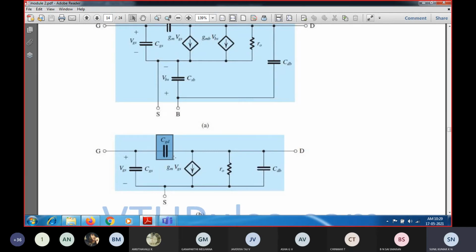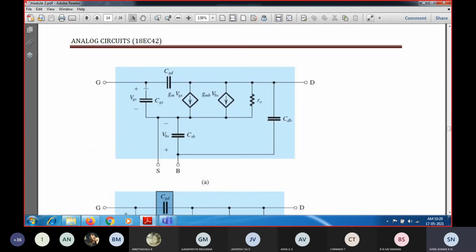So one important thing you should remember is, since there was no feedback in the previous small signal equivalent circuit model, right? In the previous small signal equivalent circuit model, between VGS we were having an open circuit, and the output was having gm into VGS, and a finite amount of output resistance, but there was no connection between the output and the input.